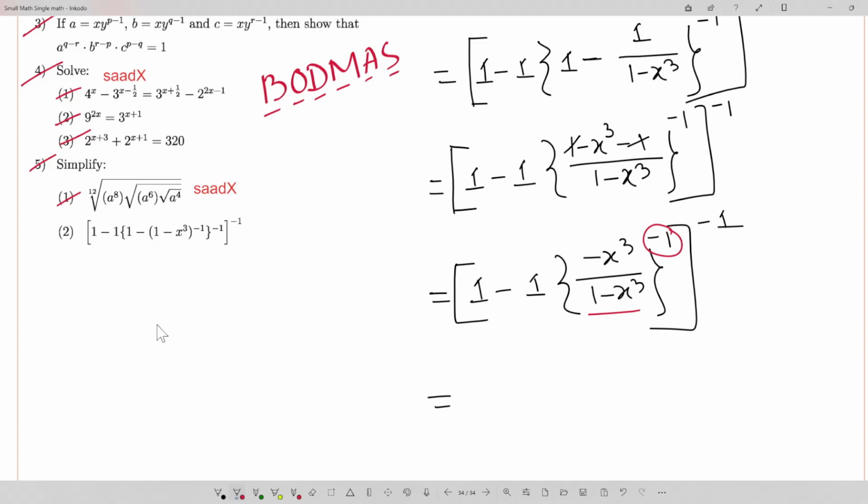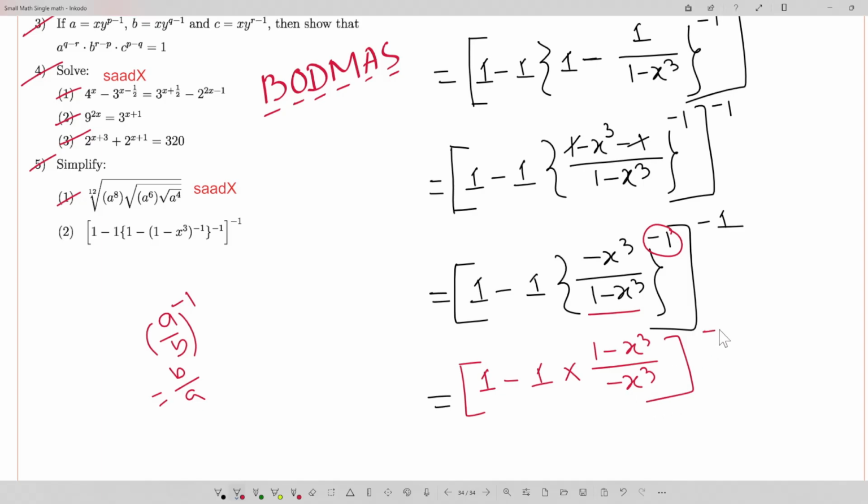We know, suppose a by b to the power minus 1, it means this fraction will be flipped, it means b by a, a similar thing. So same work, 1 minus 1 times, again this second bracket has a negative exponent, so we can write it flipped: 1 minus x cube by minus x cube, right, to the power minus 1.